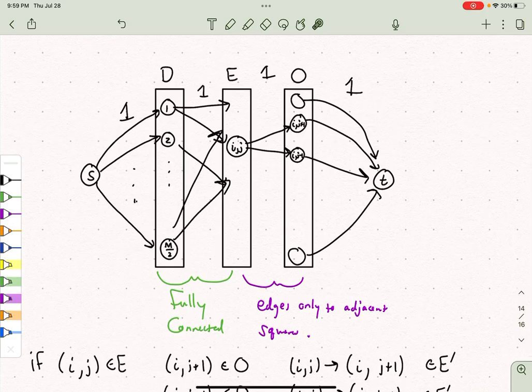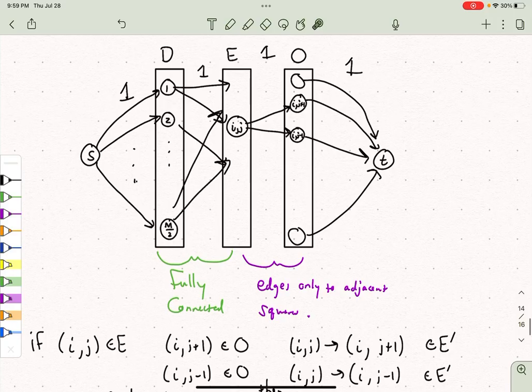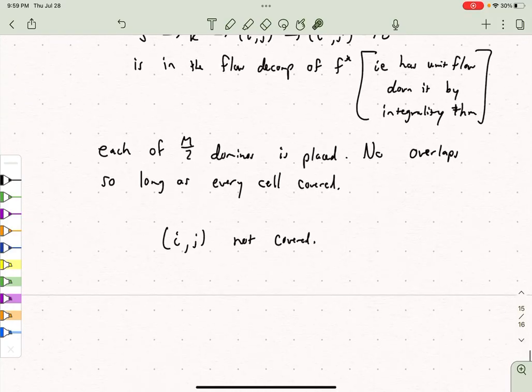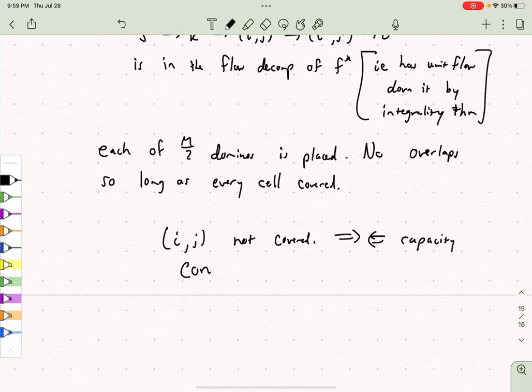So that's not possible. So this would contradict the capacity constraints and integrality.